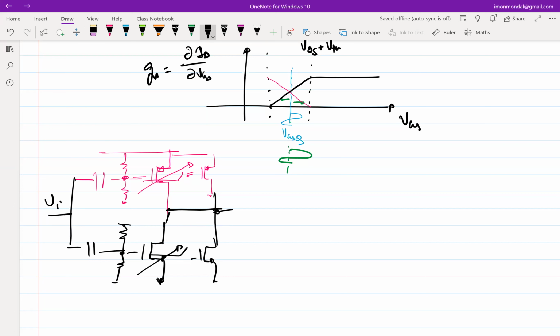Basically, you are changing the effective W by L of the top stack and the bottom stack. And obviously, you cannot leave it as is. You'll have to ensure that these track across PVT, or process voltage temperature variation, which means that some sort of tracking in the background needs to happen.